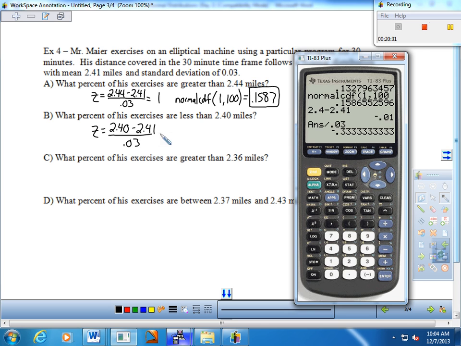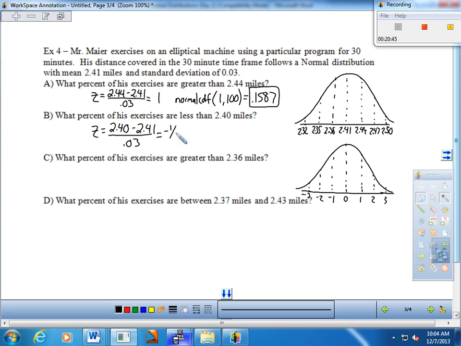All right, very nice. So z value is negative 1/3, which again, if I went to kind of look at this, that would be right in here, of course, which matches up right there. So there is my z-score, and I'm looking for anything less than 2.4, so that would be from here all the way to the left. I don't want to actually sketch it in, but hopefully you can kind of see that. And that looks good. Well, not too bad. Everything's ready. So less than this z-score right here.